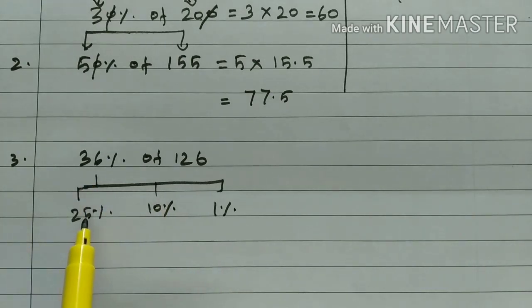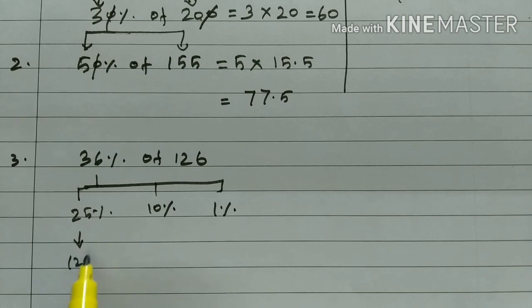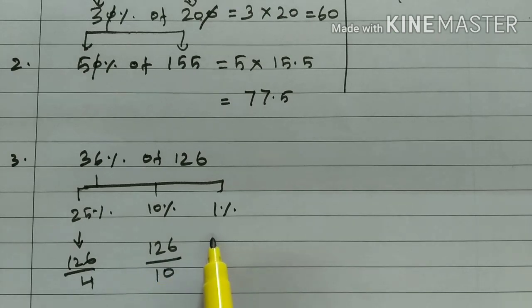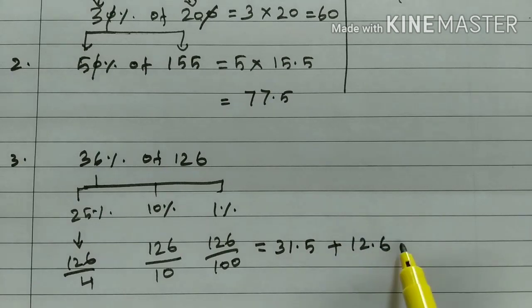Now we have to find out the 25% of 126. 25% of 126 is 126 upon 4, and this is 126 upon 10, and this will be 126 upon 100. Now I am going to simplify this. 126 upon 4 will be 31.5, plus 126 upon 10 is 12.6, and 1.26.